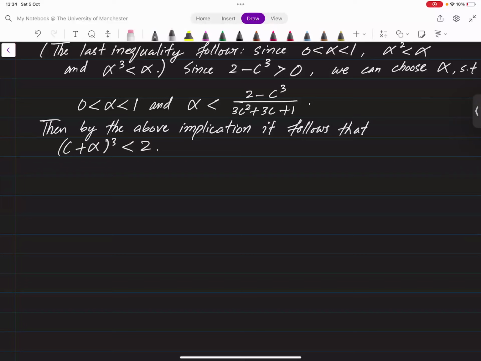This leads to a contradiction, as explained before.